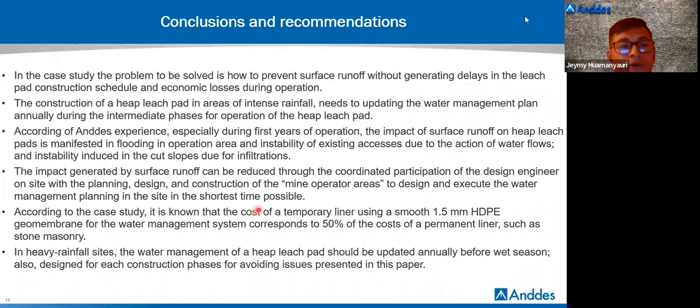Also, according to Andes experience, especially during the first years of operation, the impact of surface runoff of heap leach pads is manifested in flooding in the operation area and instability of existing access due to the action of weather flows and instability induced by the cut slope and due to infiltrations.